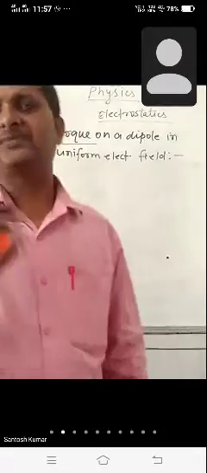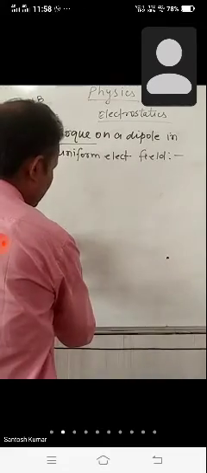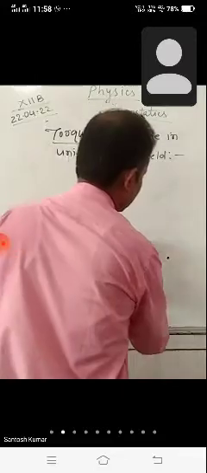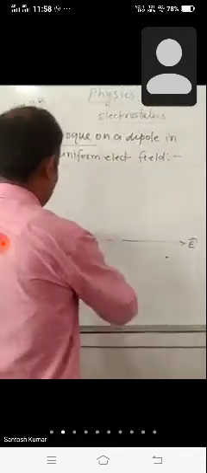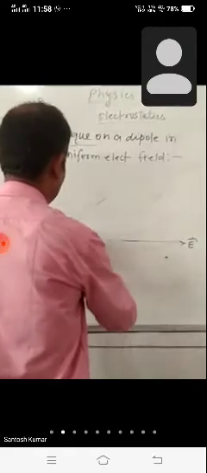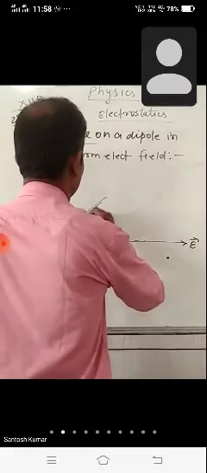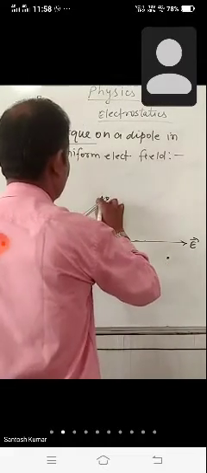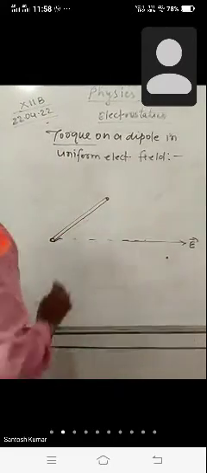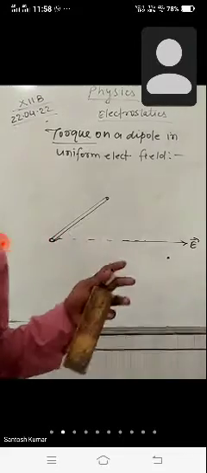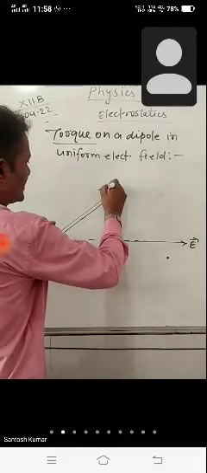We have a uniform electric field. Just try to understand the diagram. This is simply the electric field, and here this is a dipole, minus q and plus q.